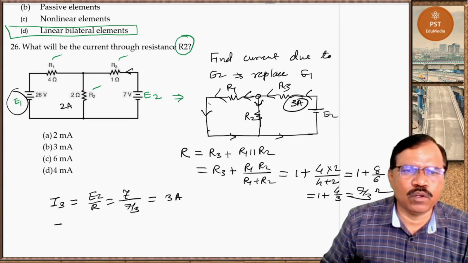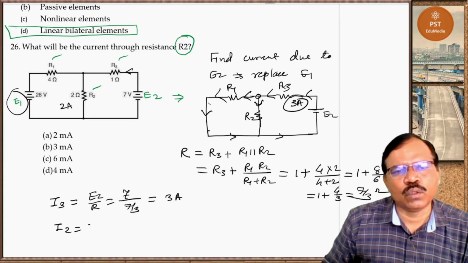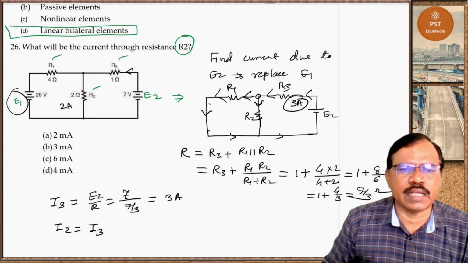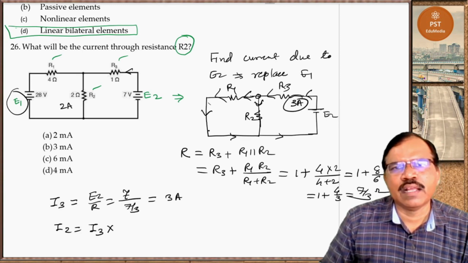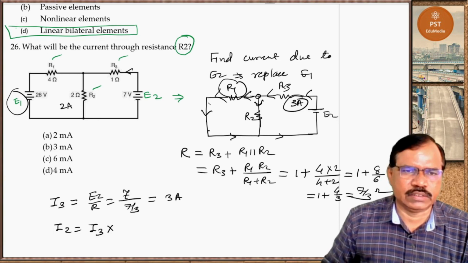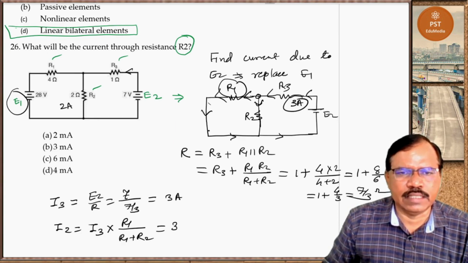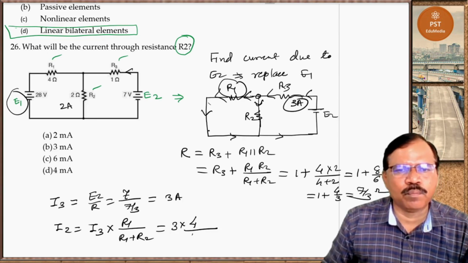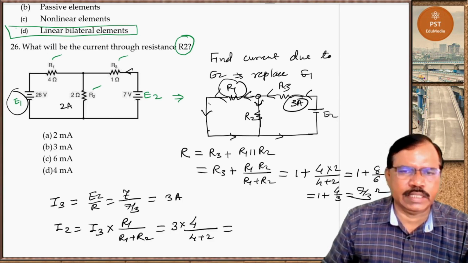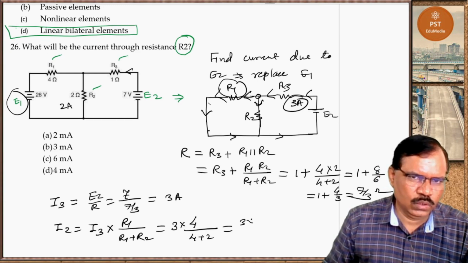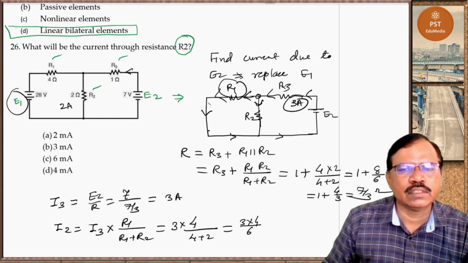When we want to find I2, the current due to E2 is I3 multiplied by R1 upon R1 plus R2. I3 is 3 ampere, R1 is 4 ohm divided by 4 plus 2, that is 6. So 3 into 4 by 6, you will get 2 ampere here.